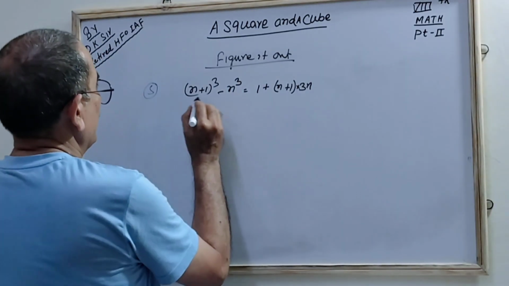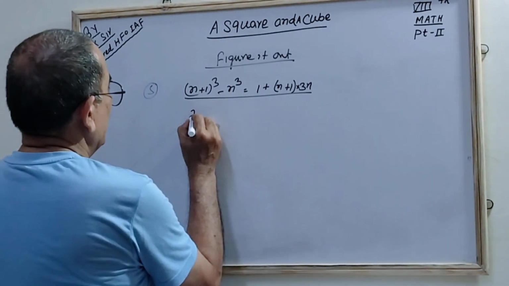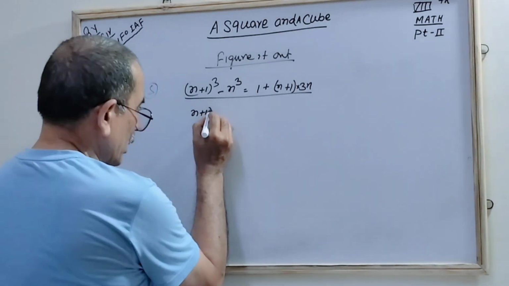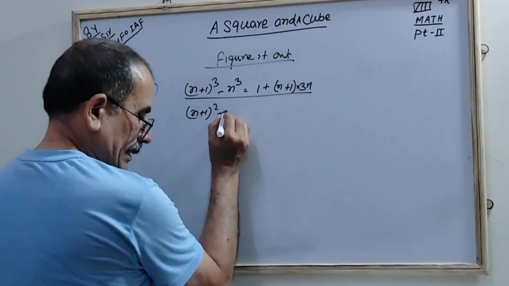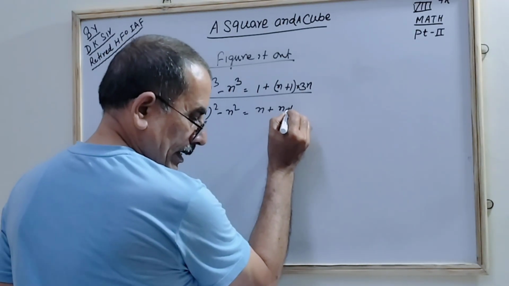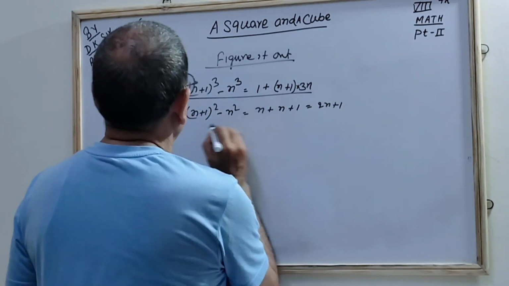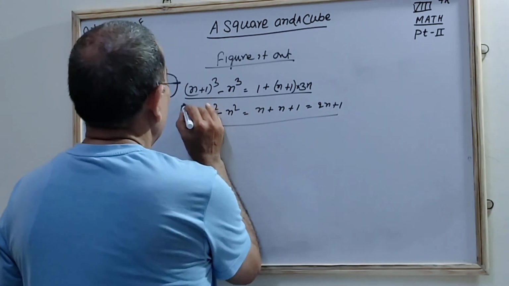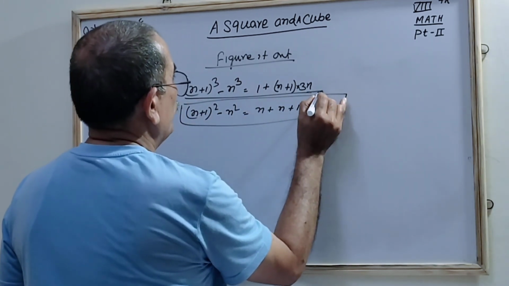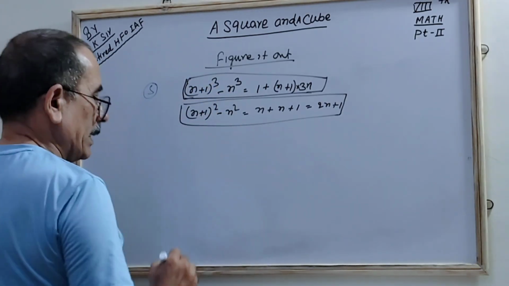And the formula I am giving, this is one of the formulas. The other formula I am giving: (n+1) square minus n square will be n plus (n+1), so it becomes 2n plus 1, correct? This becomes the second formula. So there are 2 formulas, and on these formulas you can solve the math, correct?